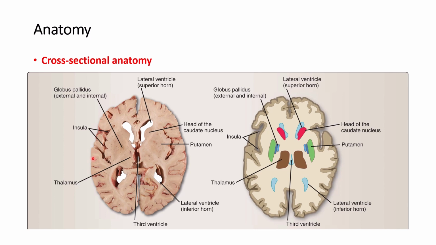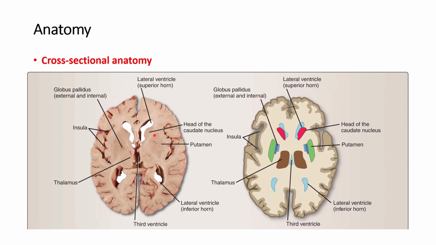This is a transverse section of the brain. Again, the cortex of the brain, the white fibers, and the longitudinal fissure. Then you have the lateral ventricles, and the septum pellucidum is here. The caudate nucleus is located lateral to the lateral ventricle, and here you have the internal capsule.